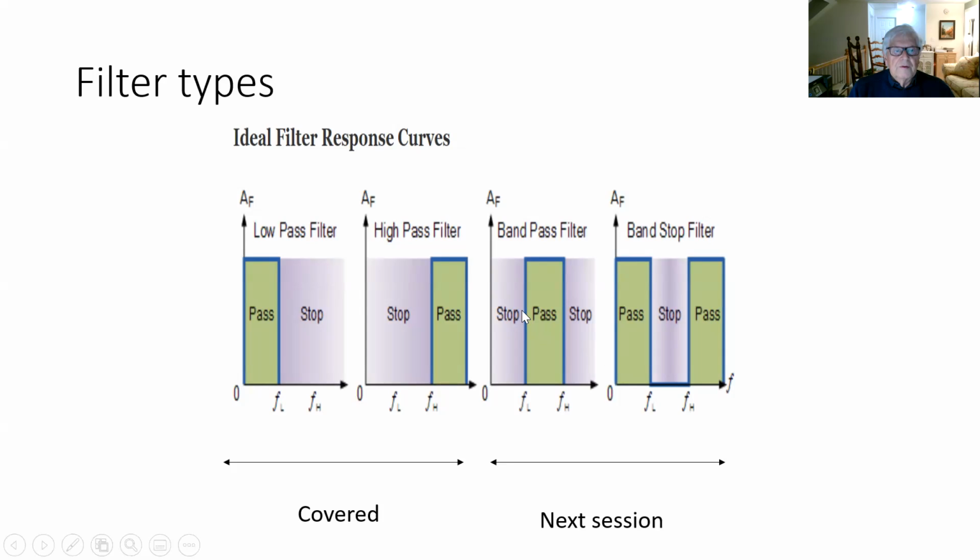So what we have then are responses. What we can see, we have low pass. For a low pass filter, we pass low frequencies, but stop higher frequencies. High pass filters, we stop low frequencies, but pass high frequencies. But that all depends.